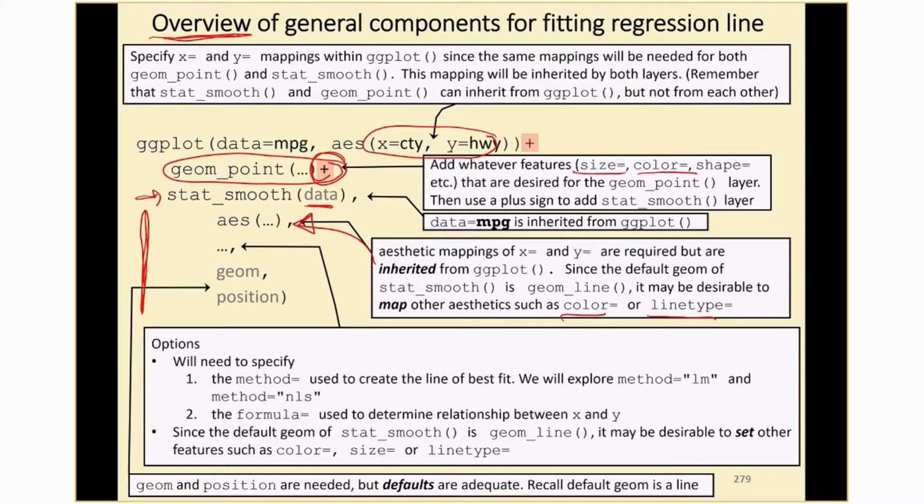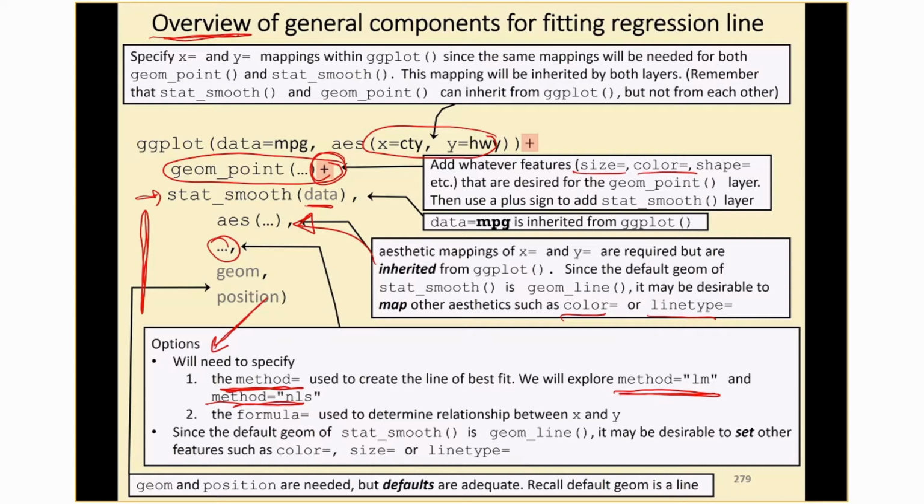And then we come down here and look at the options. And we've got a bunch of options that are specified here, although the first 2 really aren't that optional. We're going to need to specify a particular method. And in this lab, we're going to think about 2 methods. One is LM to give a straight line, and a second is method equals NLS if you want nonlinear regression.